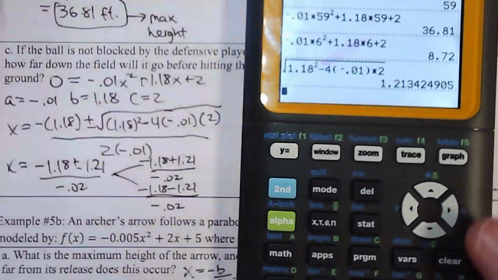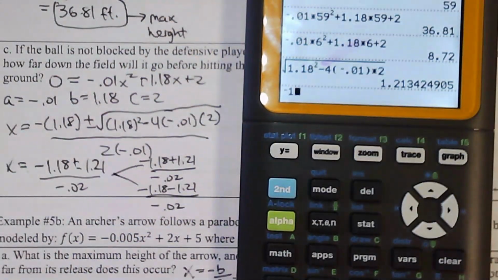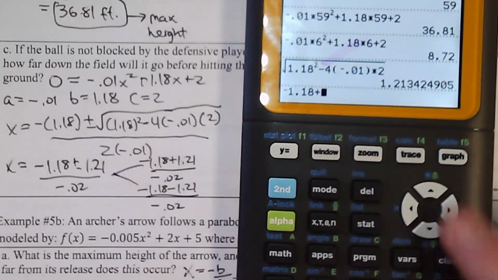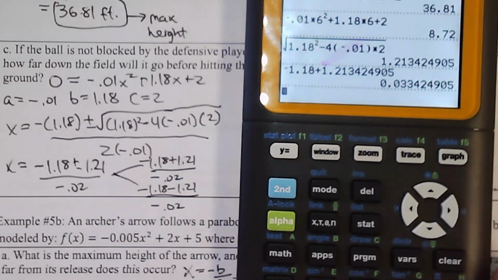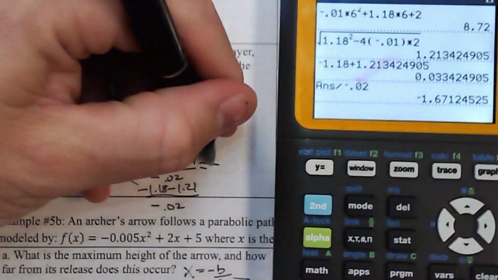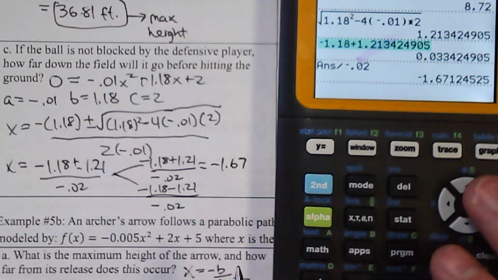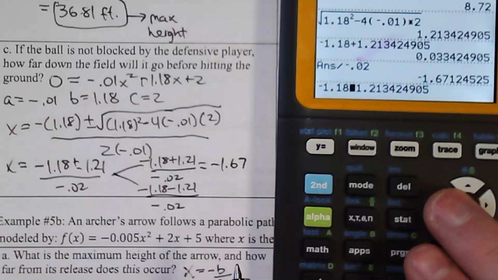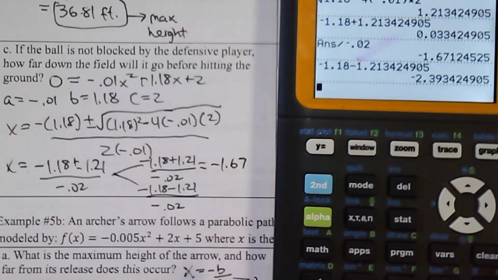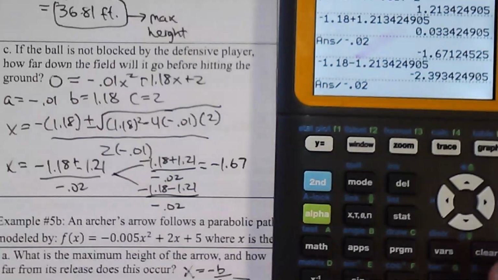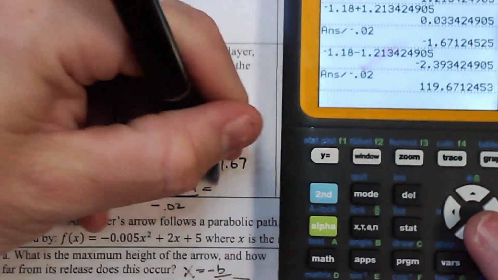You're going to throw out one of these answers. So negative 1.67. And 119.67.